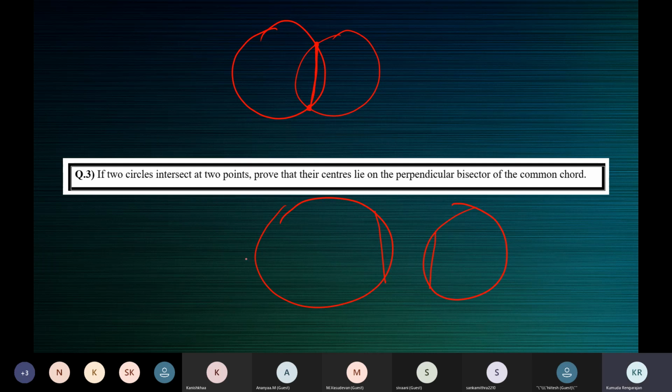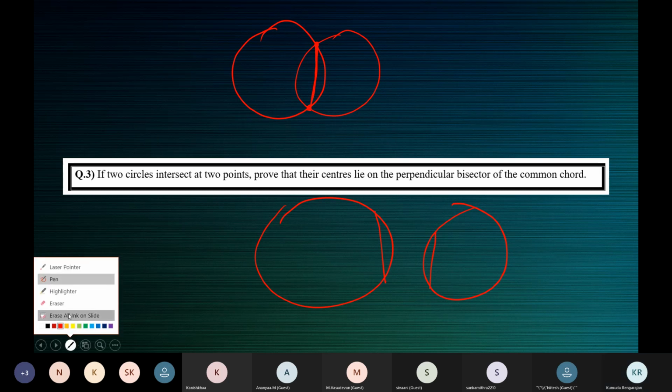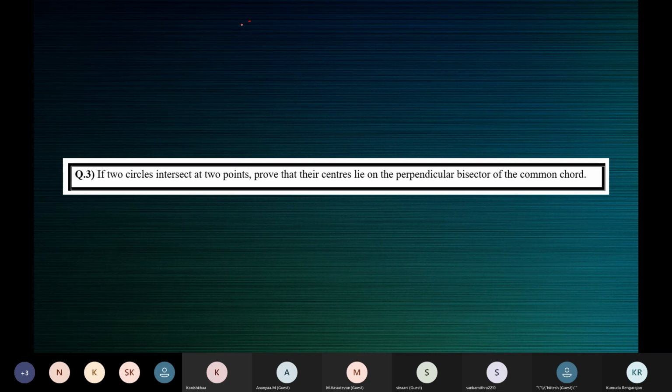The common chord is the line segment that connects the 2 points of intersection. Intersecting circles, points of intersection. When you join the points of intersection, that is the common chord, the chord common to the 2 circles. But we need to prove that their centers lie on the perpendicular bisector of the common chord.